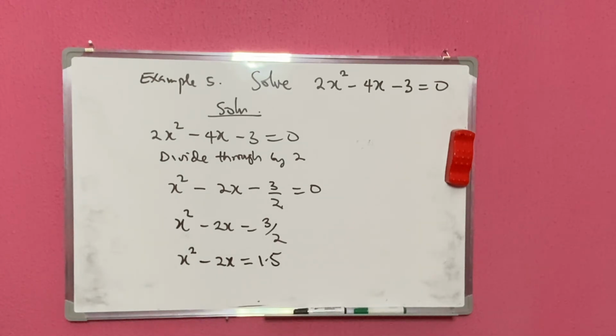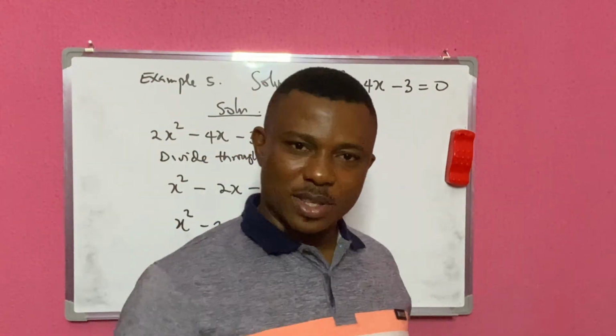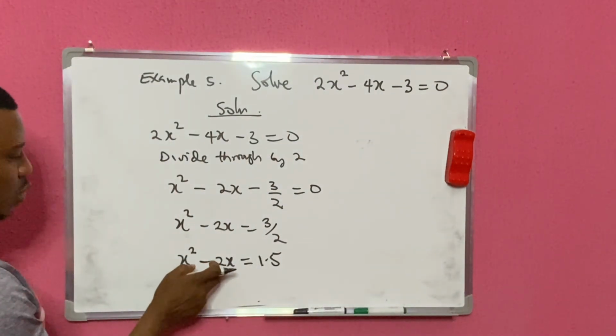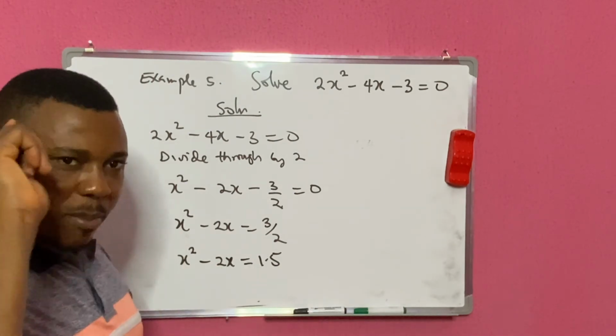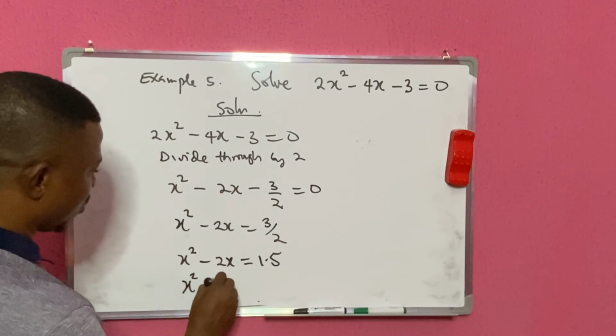What's the next step? Divide the coefficient of x by 2, square your value, and add to both sides. Minus 2 divided by 2 gives us minus 1. So we now have x squared minus 2x.